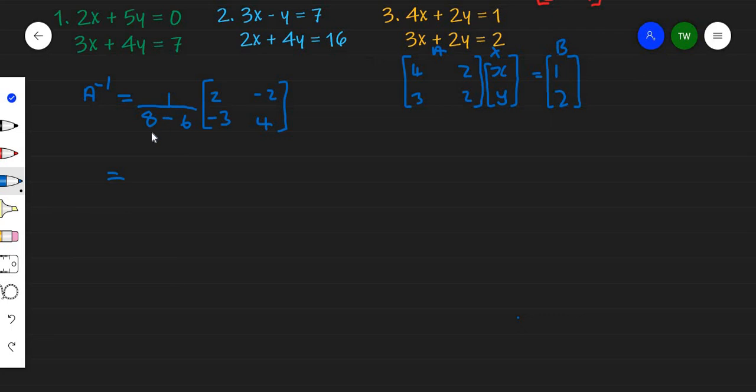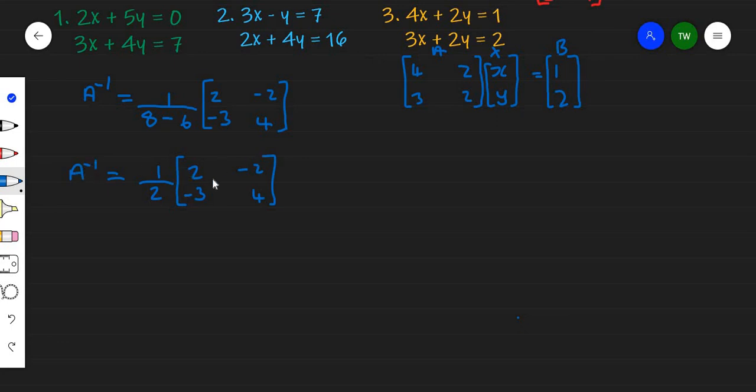So it's going to be 1 over 8 minus 6, and that's going to give us 1 over 2. Alright, so it's going to be a half times the adjoint, which is 2, negative 2, negative 3, 4. Alright, so this is now A inverse.